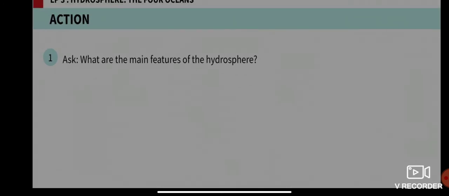So what are the main features of the hydrosphere? This is actually not a new concept, because we have learned the features of the four domains in class.